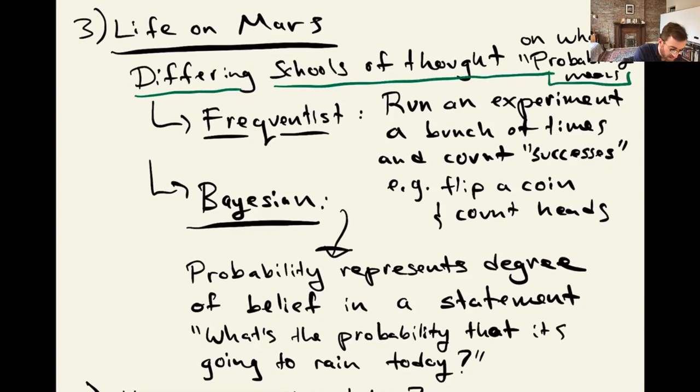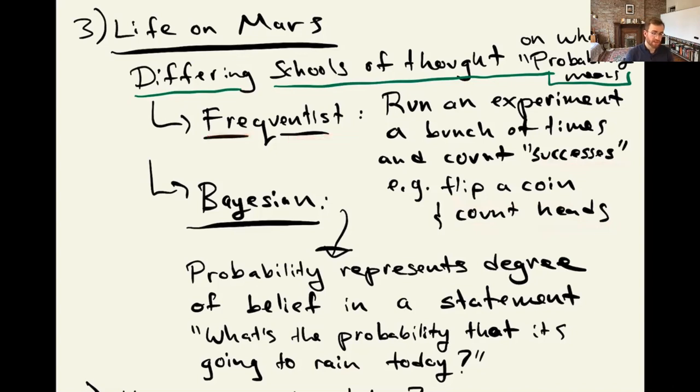So in particular, traditionally, a lot of people think of probability as, you flip a coin a bunch of times and you count how many heads you get. So that's an example where you repeat an experiment multiple times and then you count the number of successes. Maybe in this case, a success being you're getting a heads. This is what's called the frequentist school.